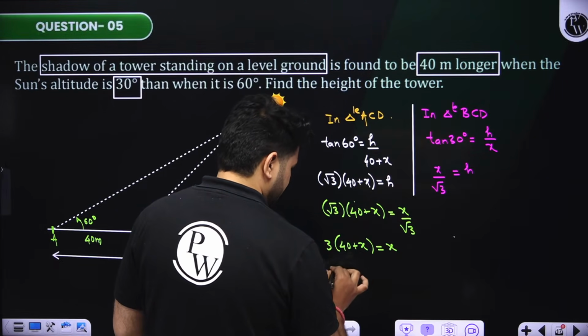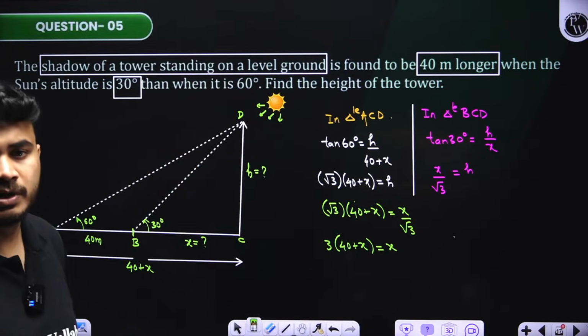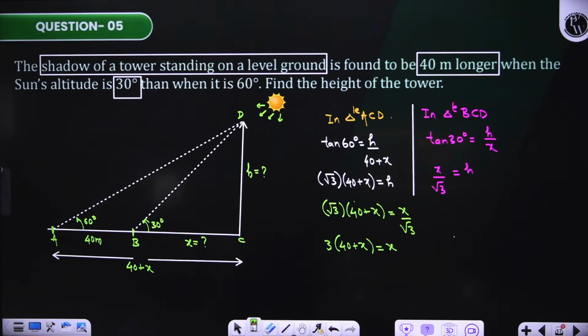Clear? So here the mistake has happened. Fine. X value is 7.32. Okay, 7.32.